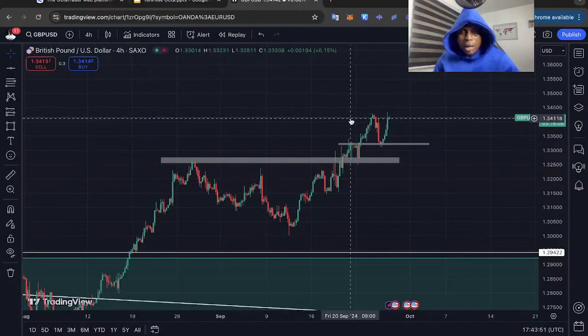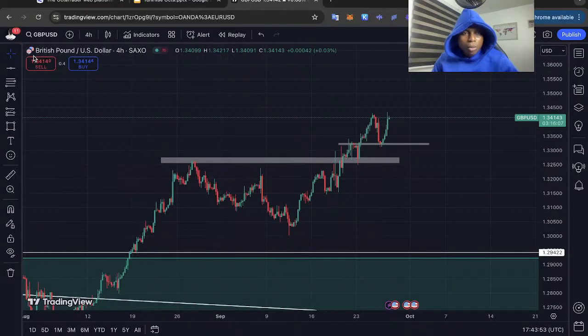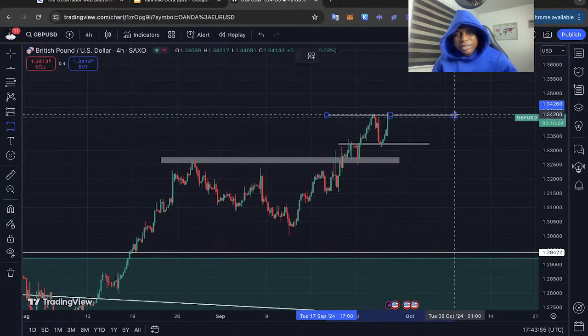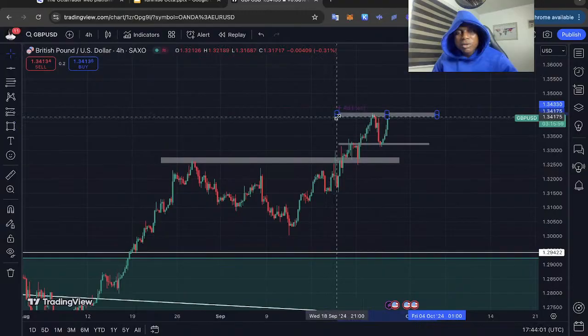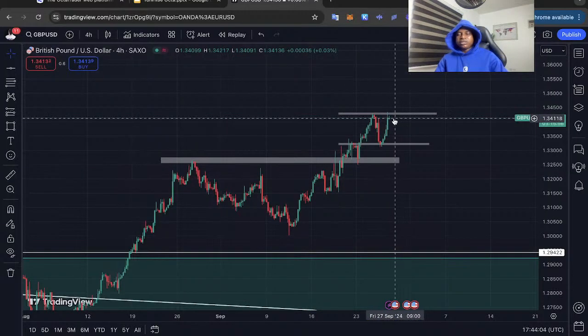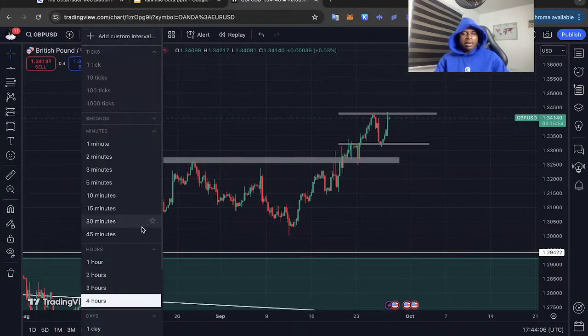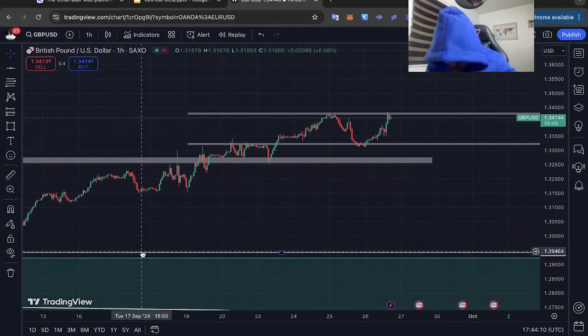So what we might see next is price breaking out of this next level, acting as a resistance zone. Now let's go down to the 1 hour time frame to see what price is most likely doing.